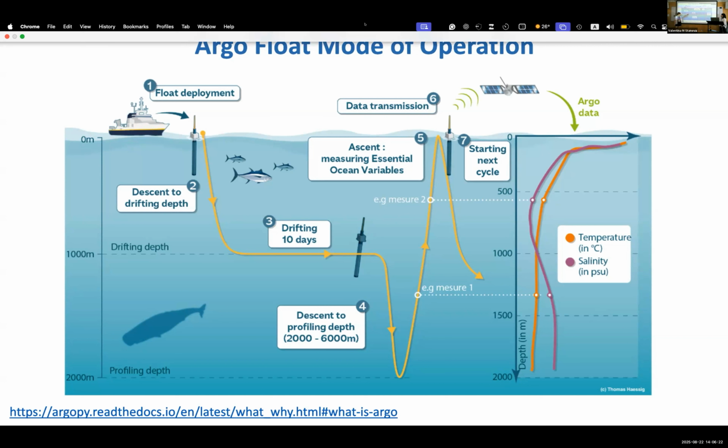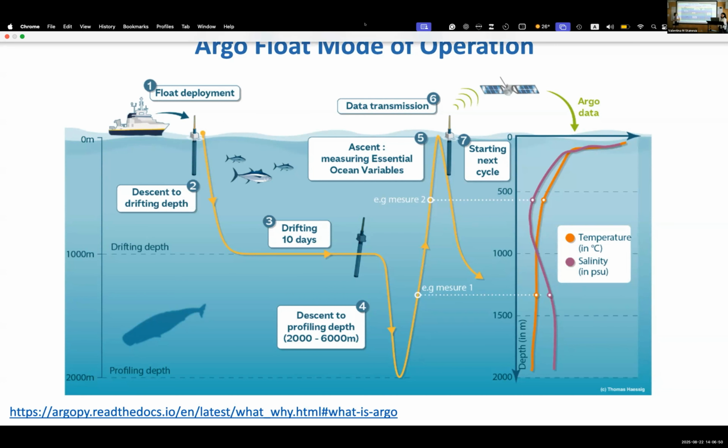Then they go down to either 2,000 or 6,000 meters and collect a profile on the way up. Then they transmit those data to satellite and repeat the cycle. The data that come out of Argo floats, after you quality control them, are these very nice depth profiles. Here's an example of a temperature and salinity profile.